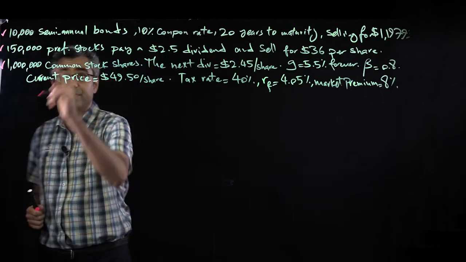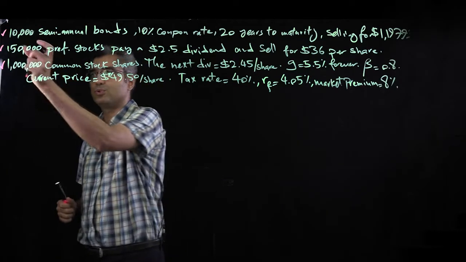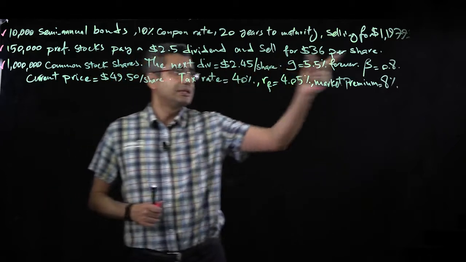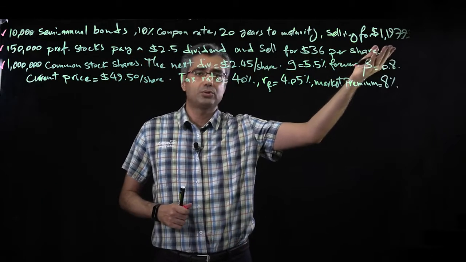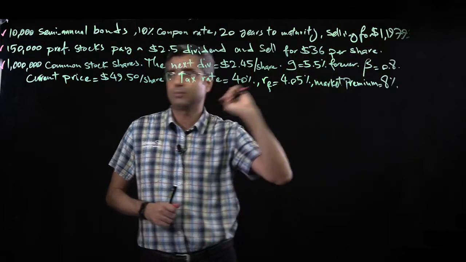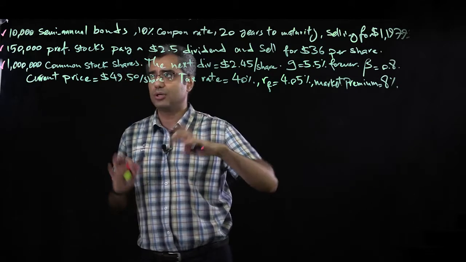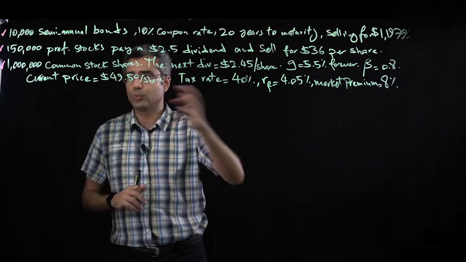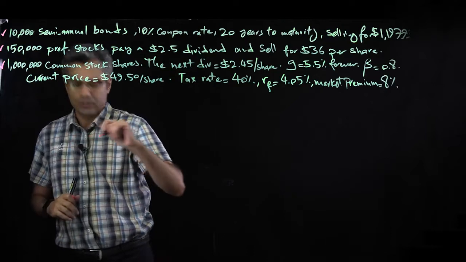The market value of debt: how many bonds do we have? 10,000 bonds. The price of each is $1,197.93. So the total amount of debt in the market, we just multiply them.